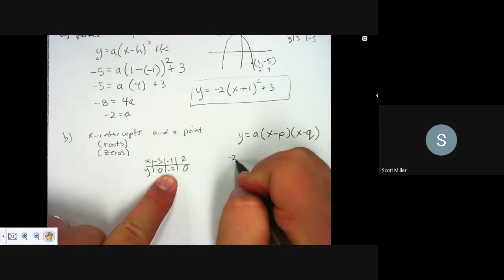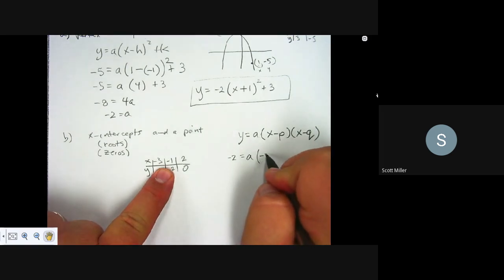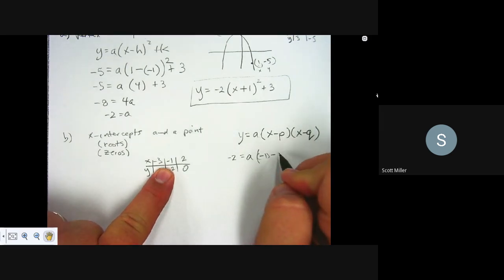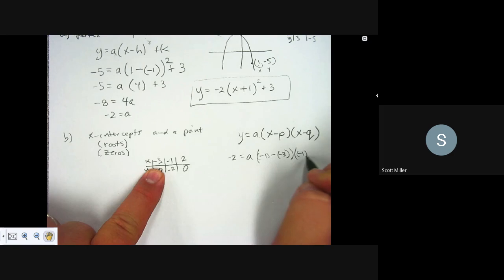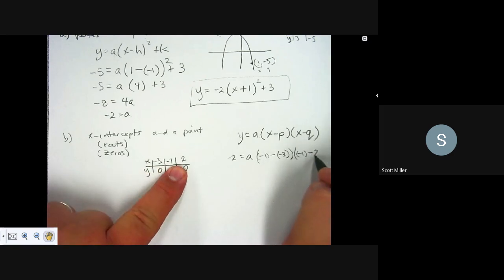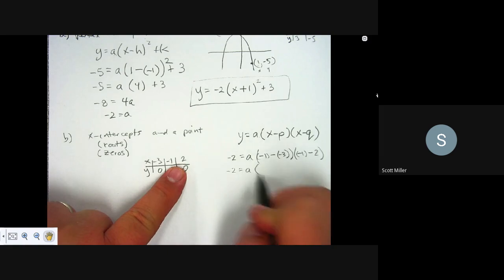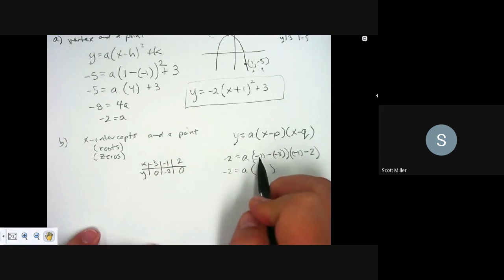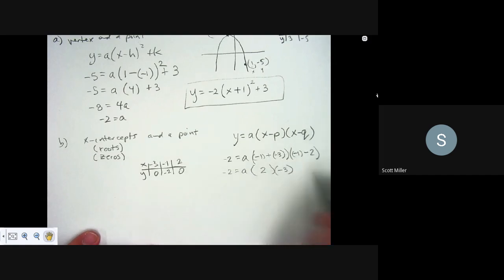y is negative 2. I don't know a. x is negative 1 minus p, and then negative 1 minus q. So we work these out. That first parenthesis is going to be negative 1 plus 3, so that's a 2. Negative 1 minus 2, that's a negative 3.